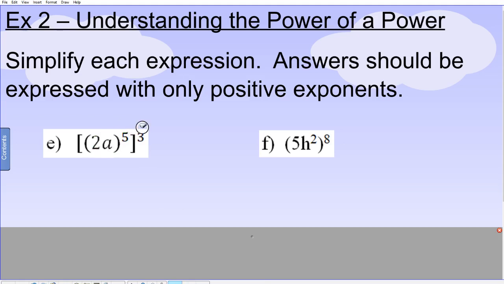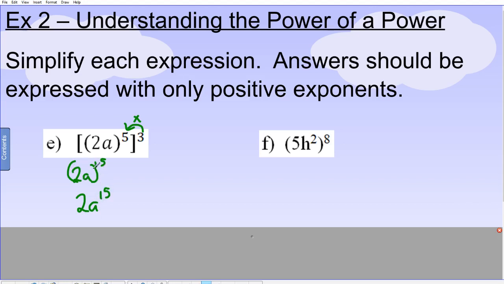So I'm going to take my 2a, and it's going to be to the 15th power. Power of a power, you multiply. And I do need to leave it inside parentheses because (2a) to the 15th and 2a to the 15th without parentheses are actually very different.